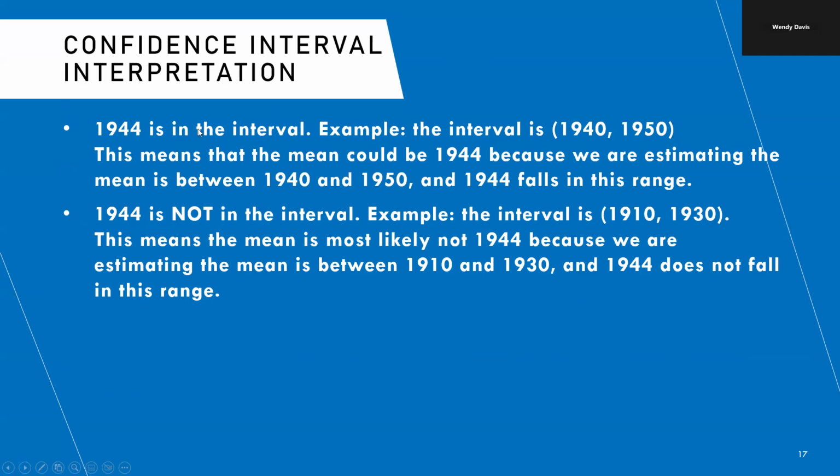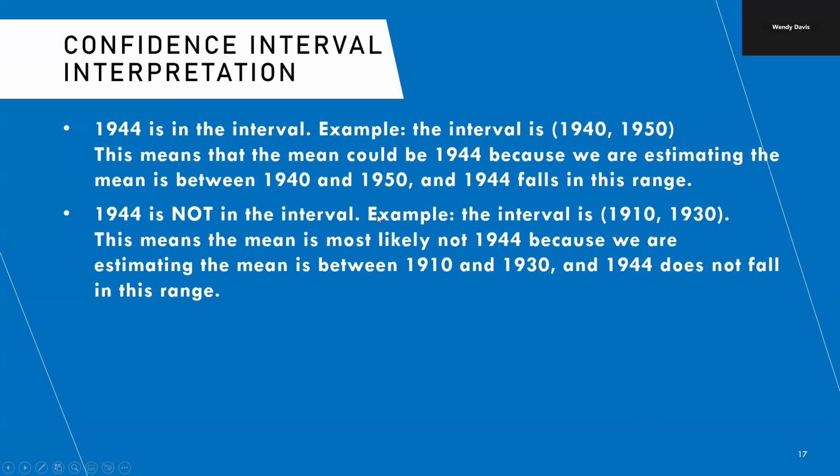So there's two things that could happen. 1944 is in the interval, or 1944 is not. If it is, this means the mean could be 1944 because we're estimating the mean is between our two numbers that we got in Excel, and 1944 is in this range.